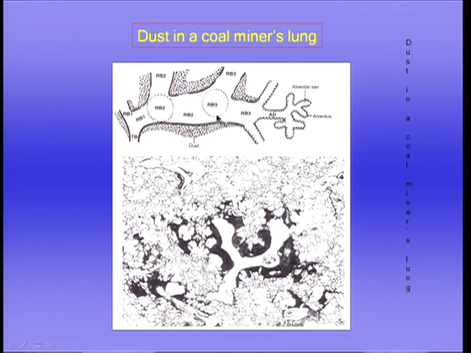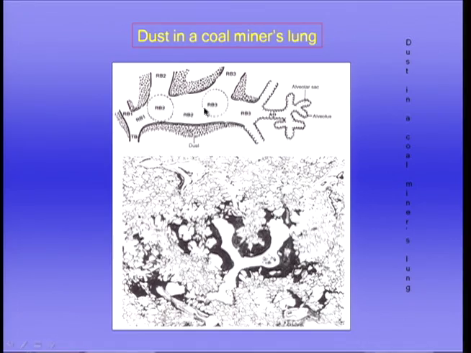The reason for this, as I said before, is that the coal dust is sufficiently massive that it can't diffuse peripherally, and so it deposits in this region. That's very important because we believe that in bronchitis, inflammation of the airways, the first changes take place in these small airways, and this is because of the deposition of the pollutants.